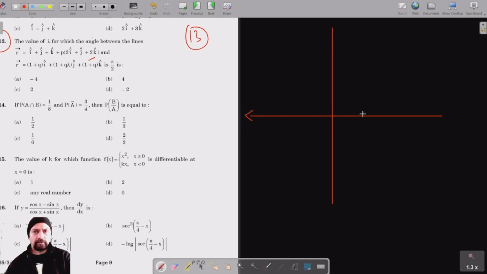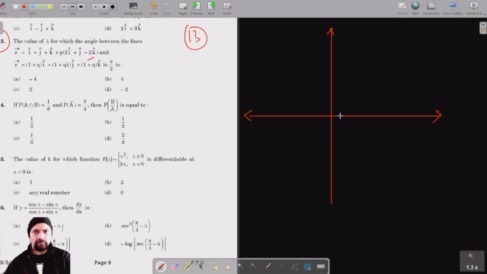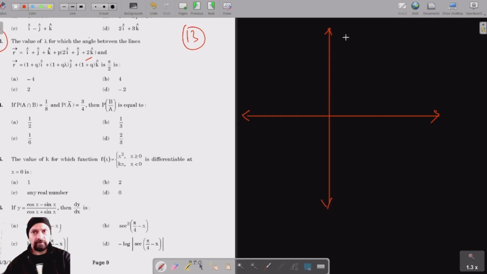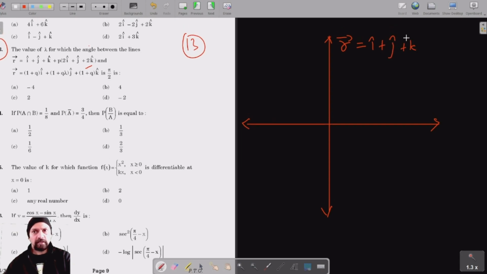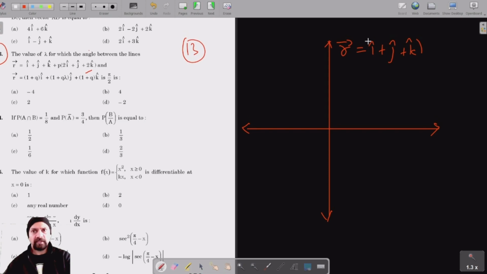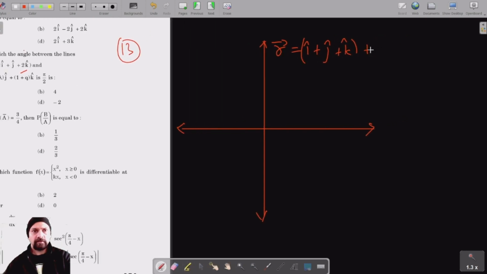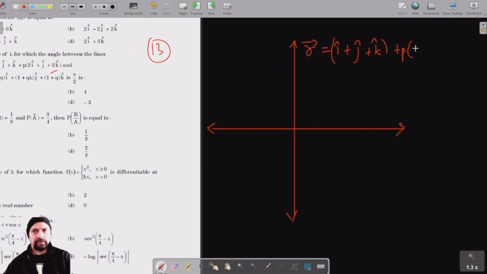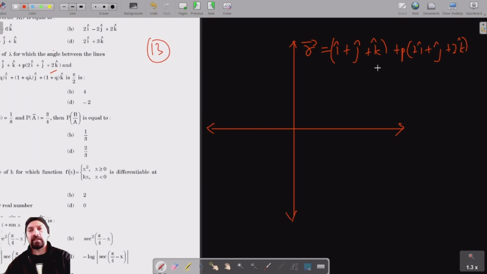Now the equations of these two lines are given. The first one is r vector is equal to i cap plus j cap plus k cap plus p into 2i cap plus j cap plus 2k cap.